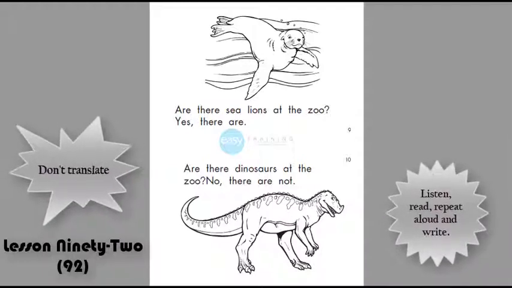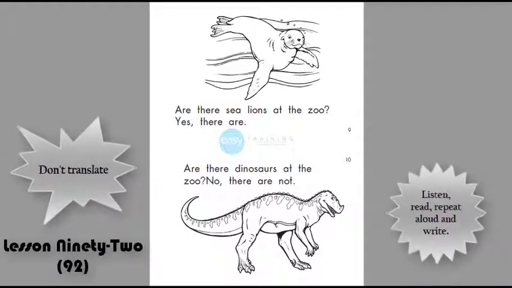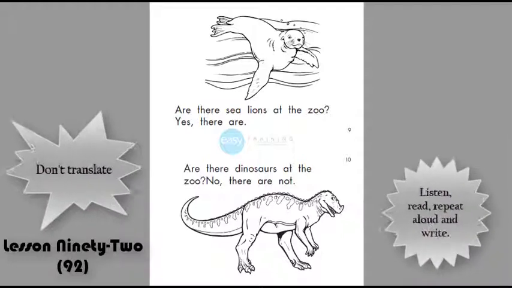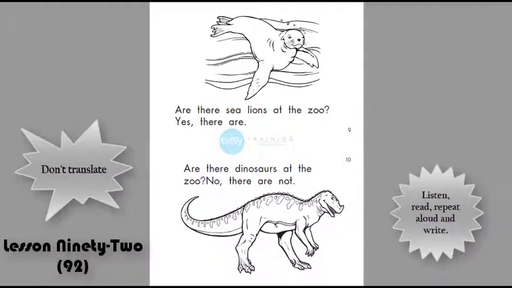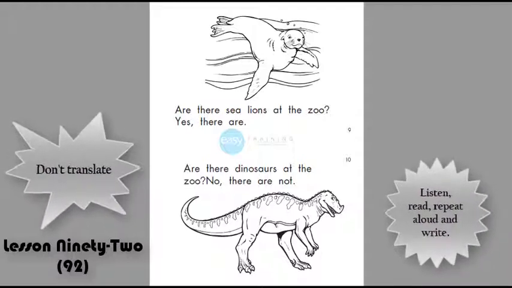Now, I want to ask you 5 extra questions for some further practice on asking and answering questions with are there. Question number 1. Are there 10 people in your family? Question 2. Are there 2 beds in your room? Question 3.